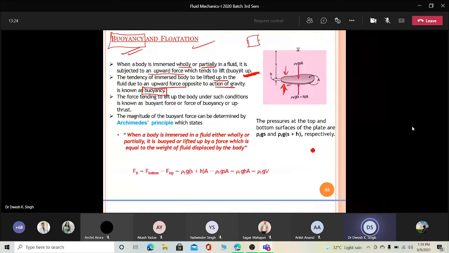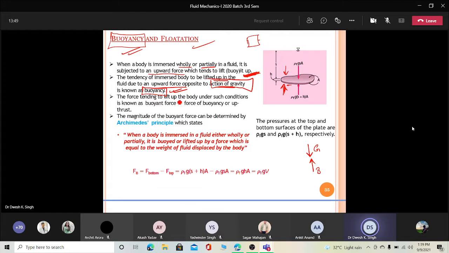Why against gravity? Because gravity acts in the downward direction and buoyancy acts in the upward direction. This is buoyancy and this is gravity. That's why buoyancy is said to act opposite to the action of gravity.